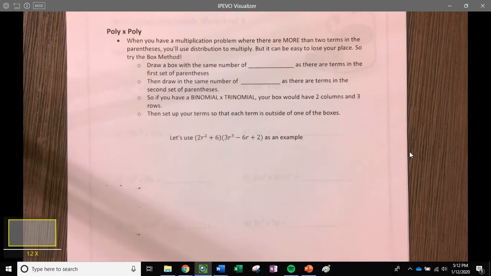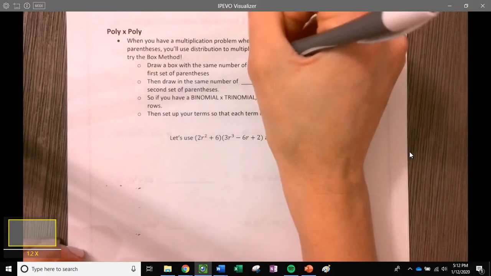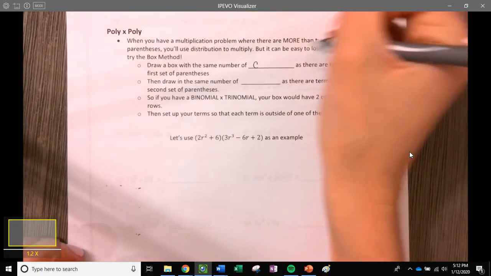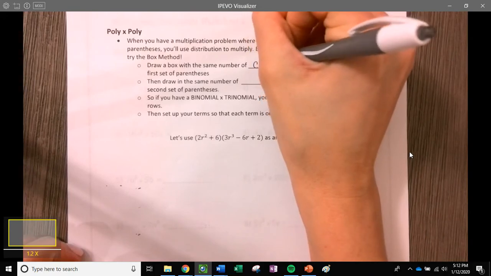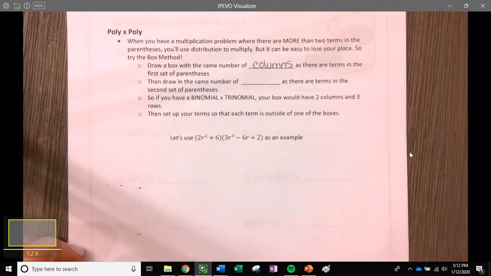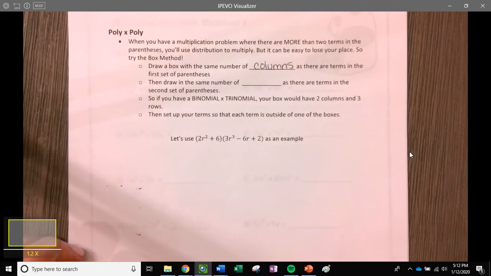So you are going to draw a box with the same number of columns as there are terms in the first set of parentheses.